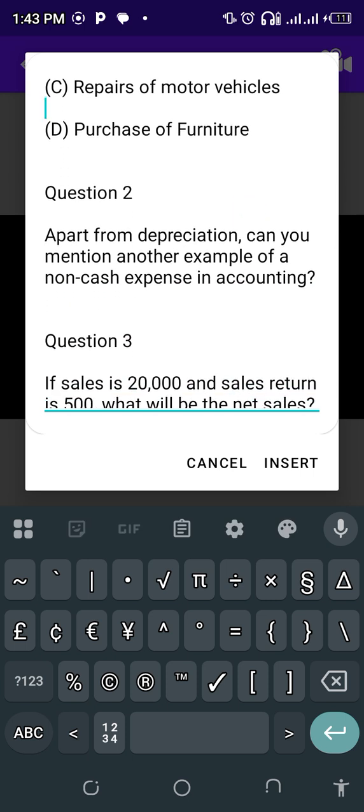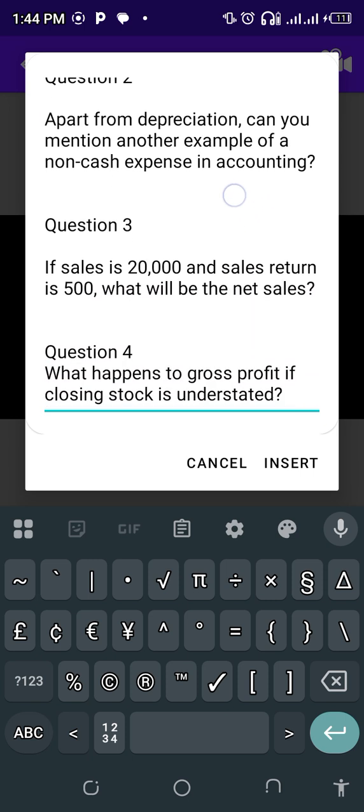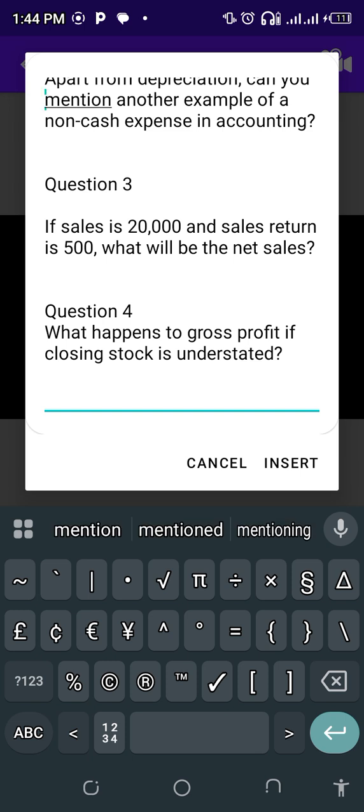Question 2. Apart from depreciation, can you mention another example of a non-cash expense in accounting? Do you know it? Question 3. If sales is 20,000 and sales return is 500, what will be the net sales? Can you answer it?